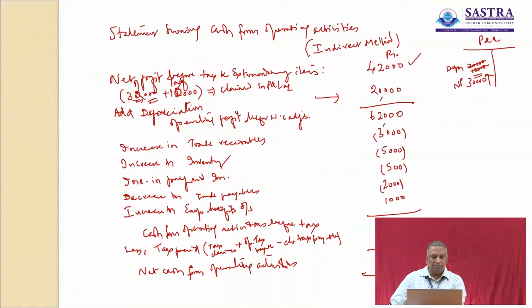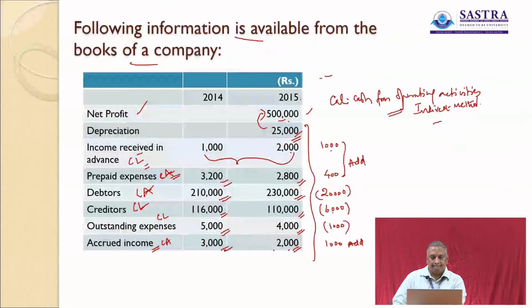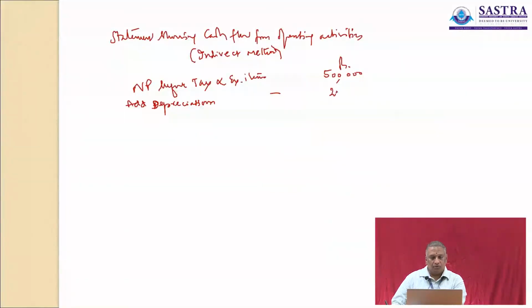So here it is simply given as net profit. So we are presuming it as a net profit before tax and extraordinary items. Rupees 5 lakhs. Add depreciation, rupees 25,000. Rupees 5 lakhs 25,000.